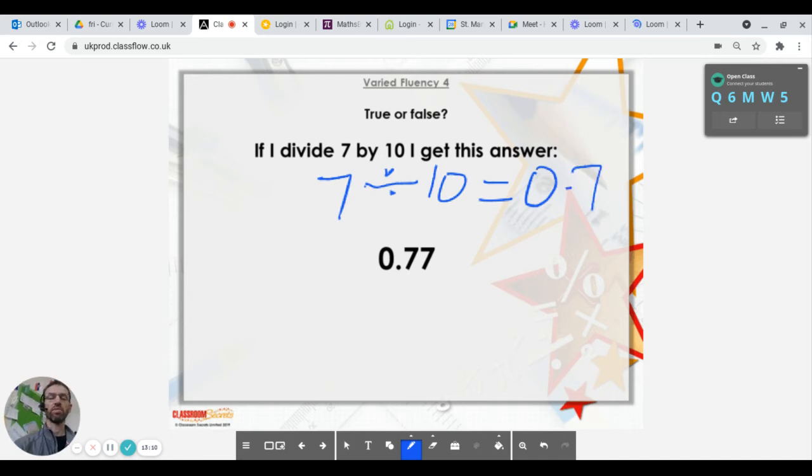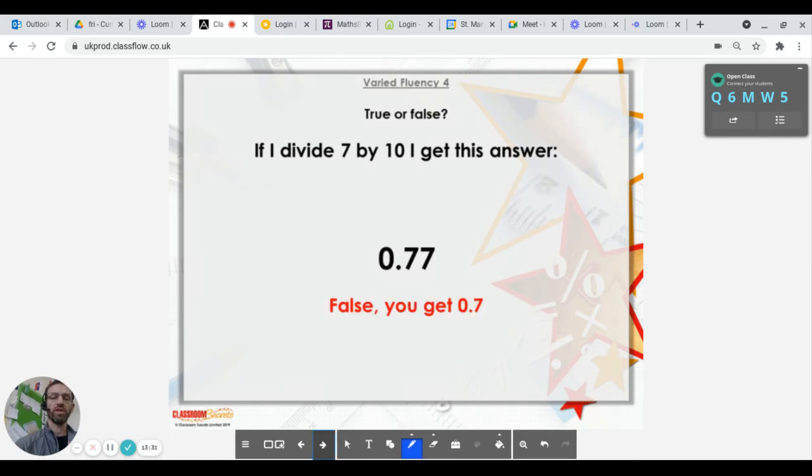So this is incorrect because what they've shown us is 7/10 and 7/100. And the hundredths didn't come from anywhere. These are our tenths, and this would be our hundredths, but it shouldn't be there. Only got one digit to move across. So the answer is false.